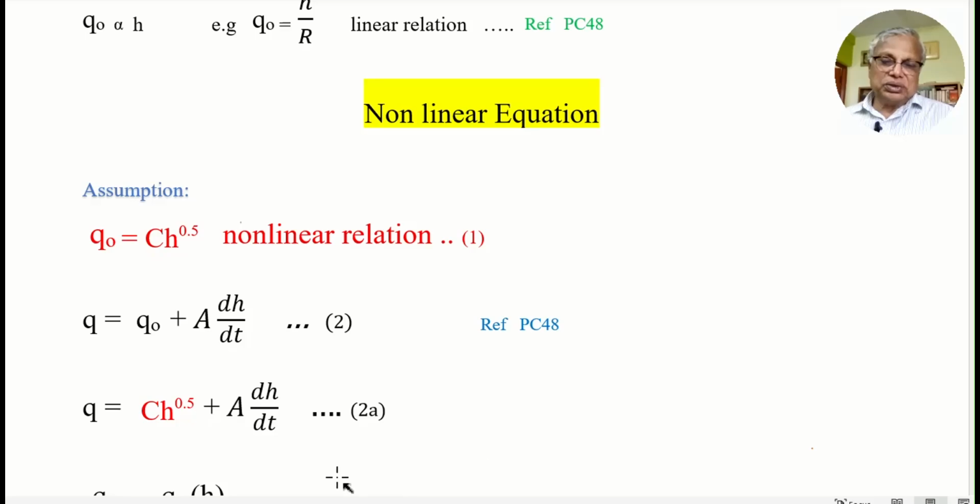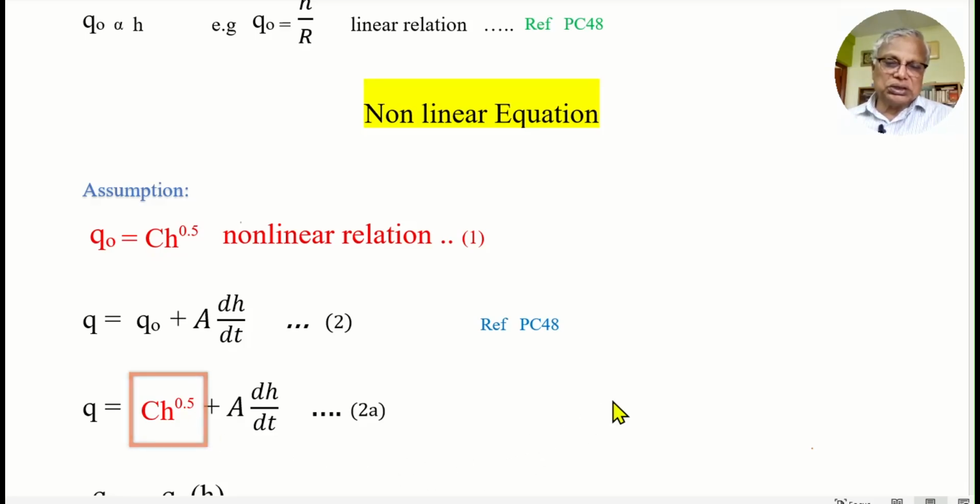We may not be able to transform this, and we will not be able to obtain the transfer function. So in order to make it Laplace transformable, we need to bring this nonlinear form into a linear form.